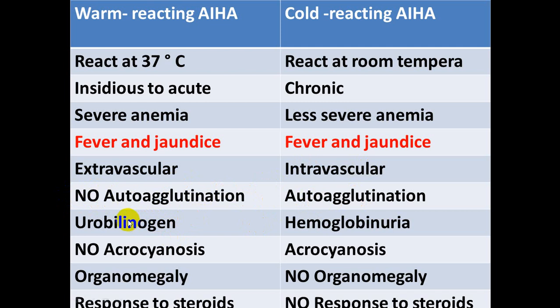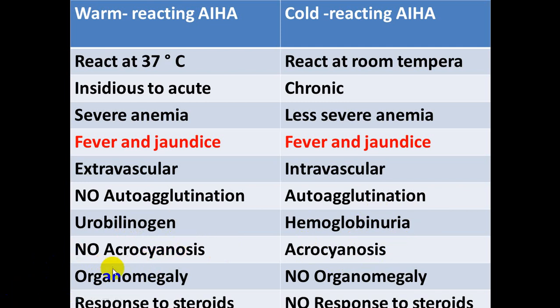In warm reacting there is urobilinogen in the urine, while in cold reacting there is hemoglobinuria. Acrocyanosis is present in cold reacting autoimmune hemolytic anemia, whereas there is no acrocyanosis in warm reacting.